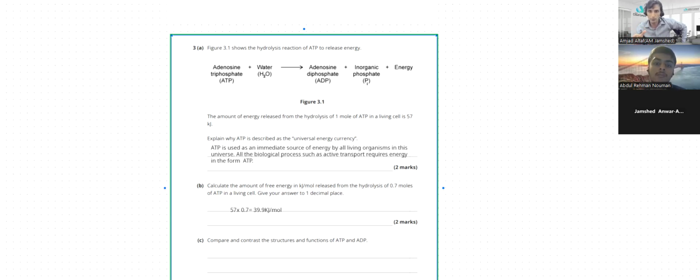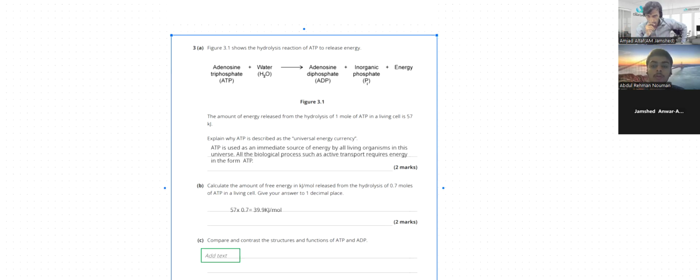You can't divide by 0.7 moles because we are trying to find the energy from this. Whatever the total amount of energy is, you have to multiply it with 0.7. Whatever value you get would be the free energy in kilojoule per mole. So we can't divide, here we can just multiply, okay?